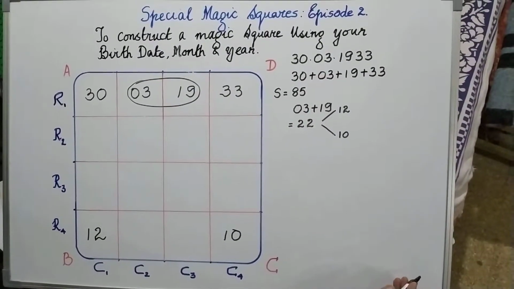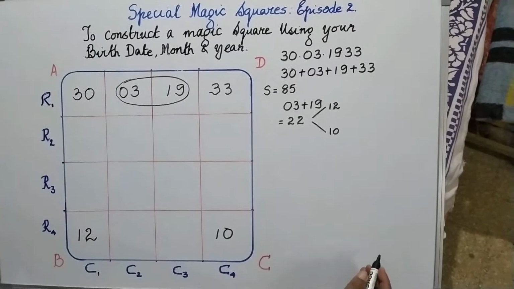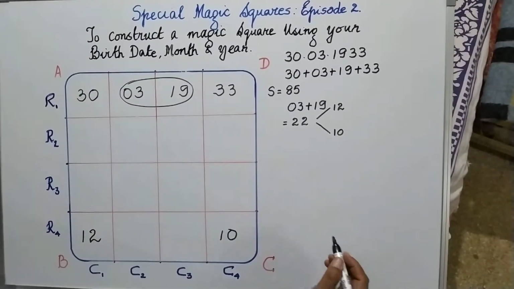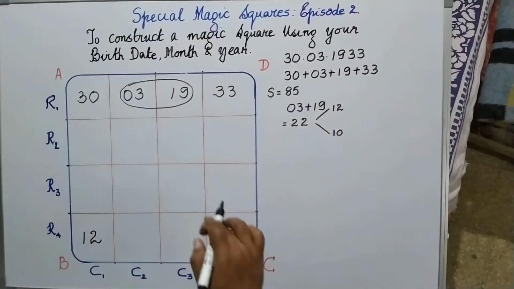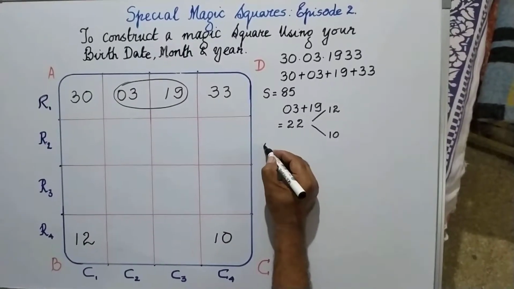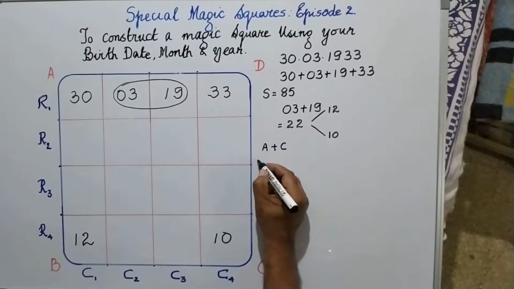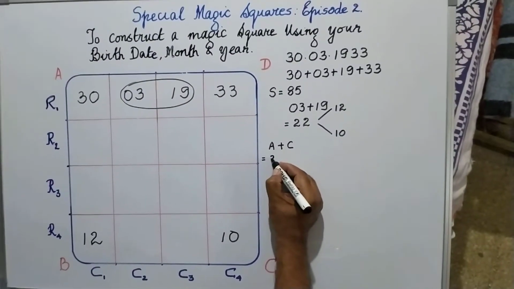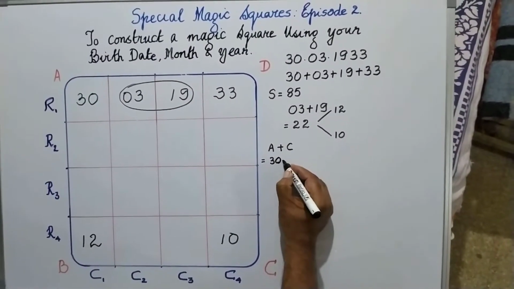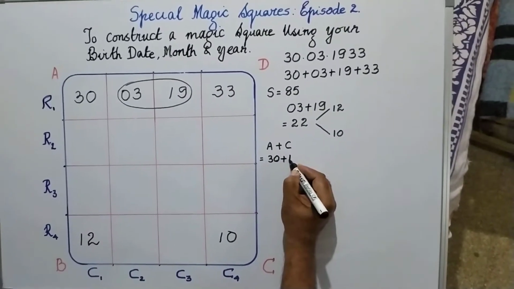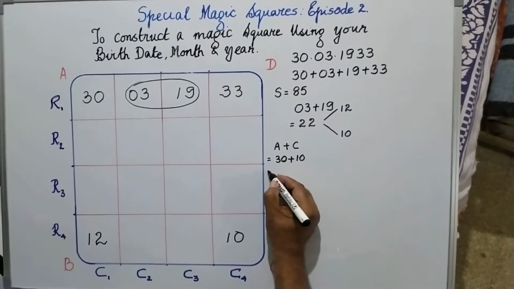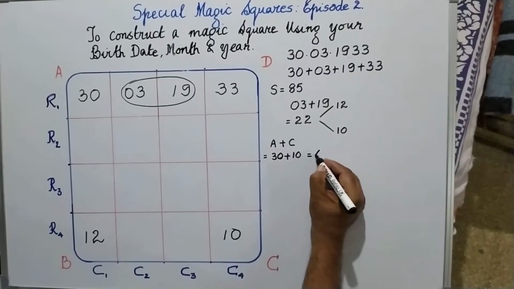Now what I will do is take what I have at A and C and add the two. A and C, if I take and add, I will get 30 plus 10, and that is equal to 40.